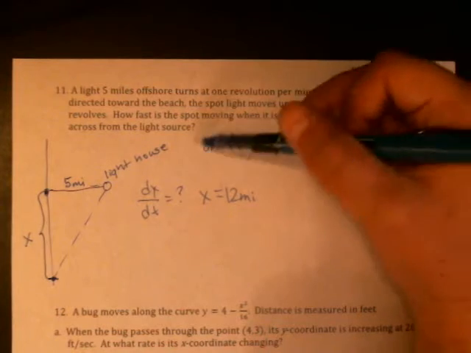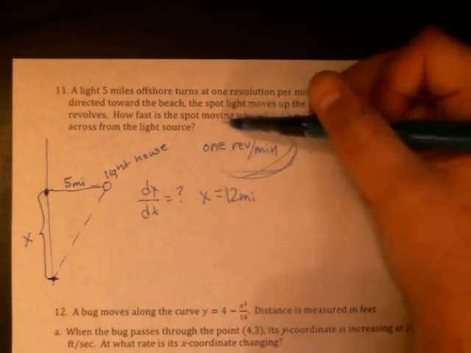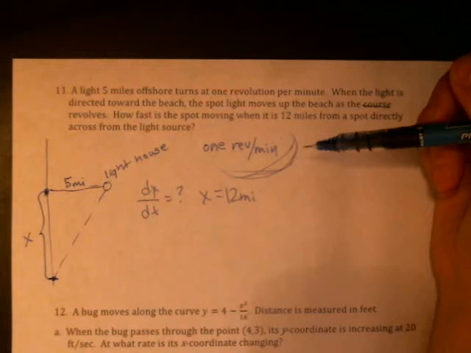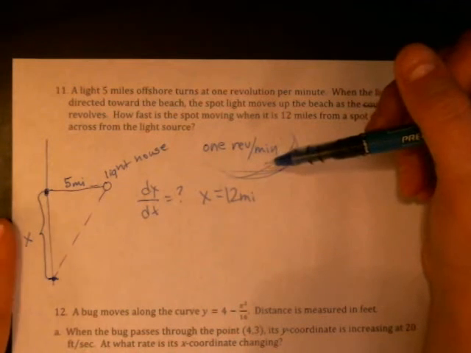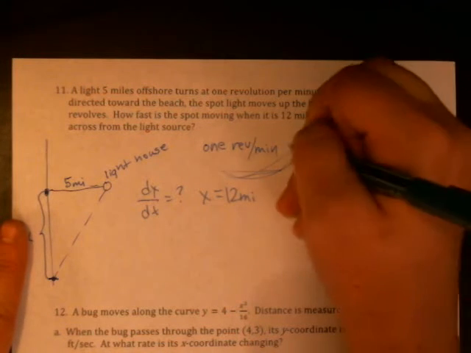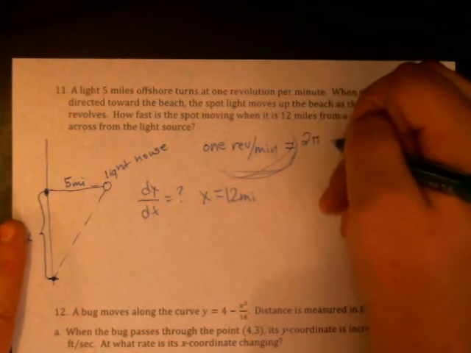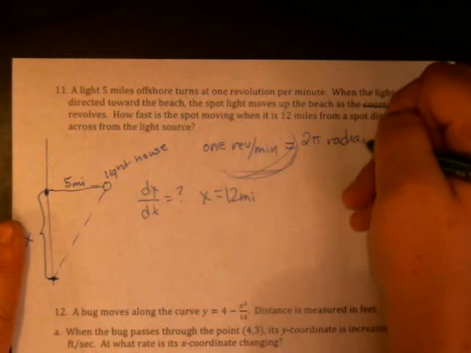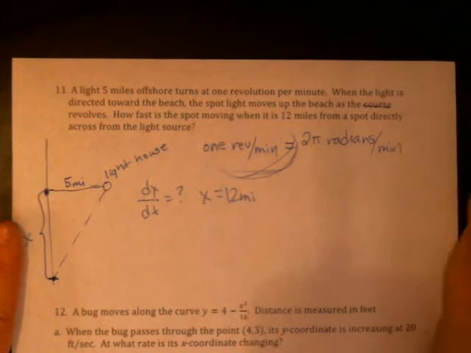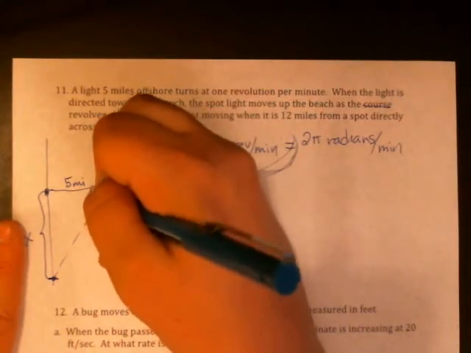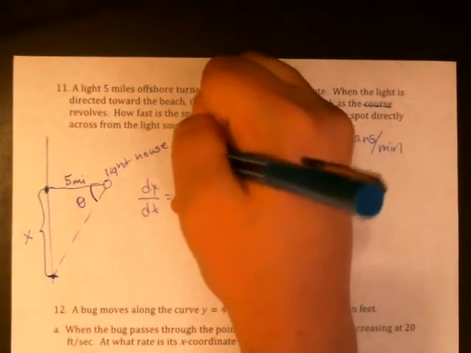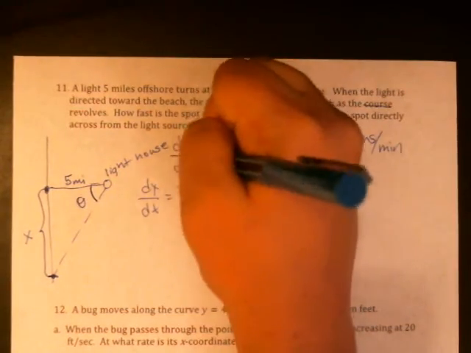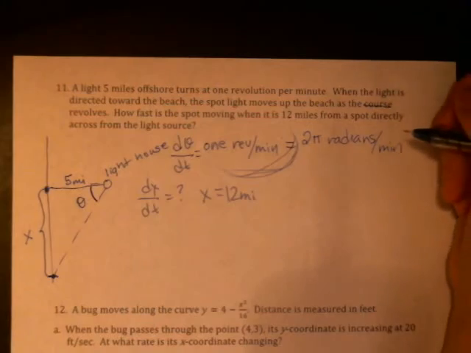This is the only rate we were given, 1 revolution per minute, and this is kind of a tricky one. It tells us how fast the angle is changing, so we could rewrite that as 2 pi radians per minute. Then we pick an angle in this problem. The way I've drawn it, it seems reasonable to make that our theta, so this is dθ/dt.